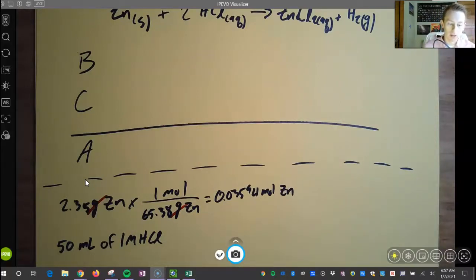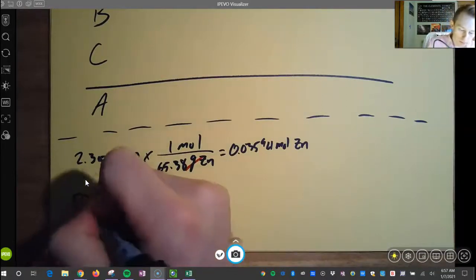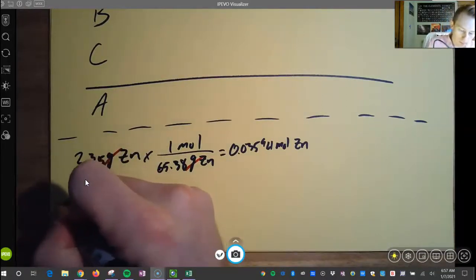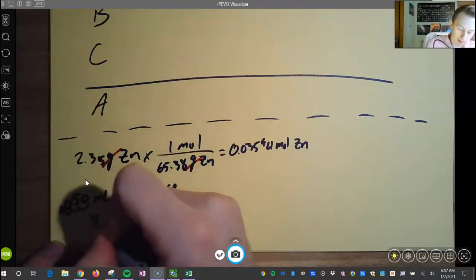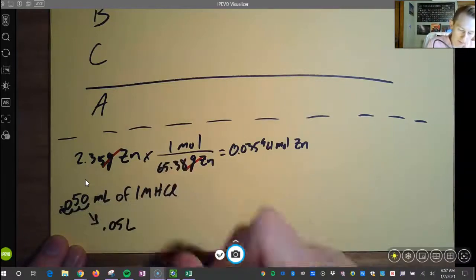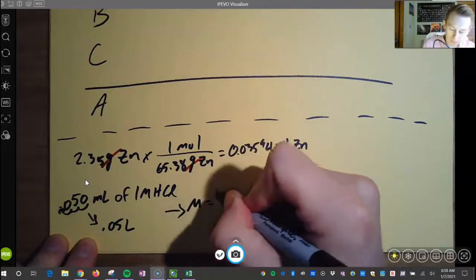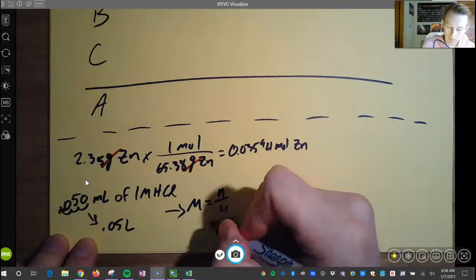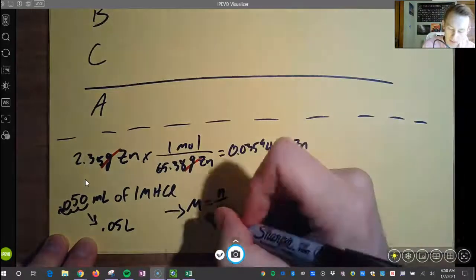The next one, we're going to use molarity, but we remember that we need to be in liters in order to fill in this equation here. So move the decimal 3 places to the left, divide by 1,000, whatever you want to think about it, but this ends up being 0.05 liters. And if you remember our equation, I want to rearrange that to solve for moles, because that's what needs to go in the BCA table.